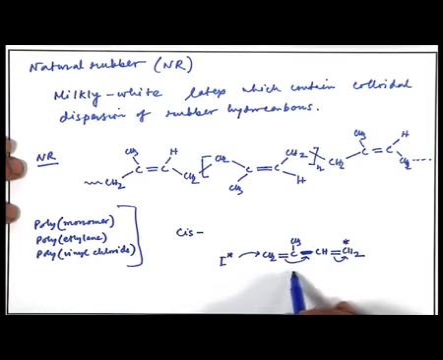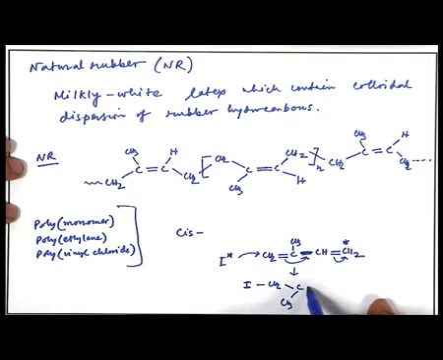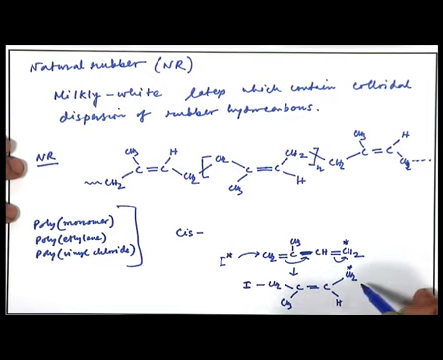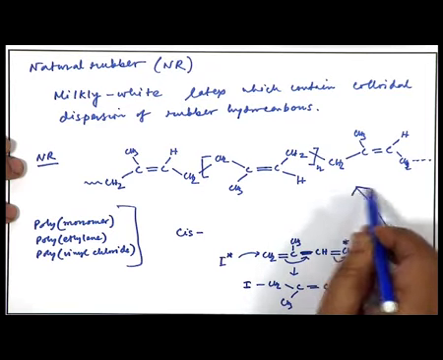So, you get I-CH2. This is the active center; it can react further with the monomer and you get this polymer.